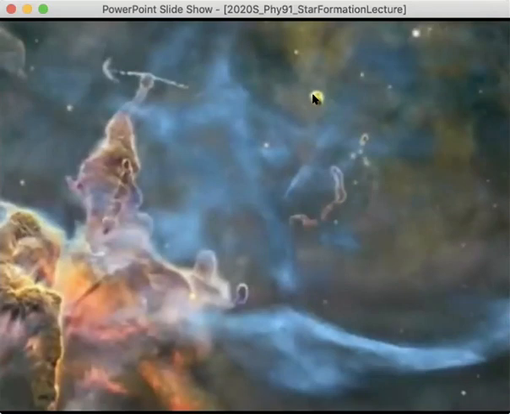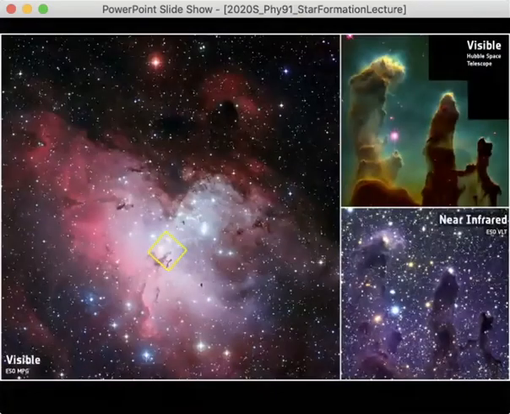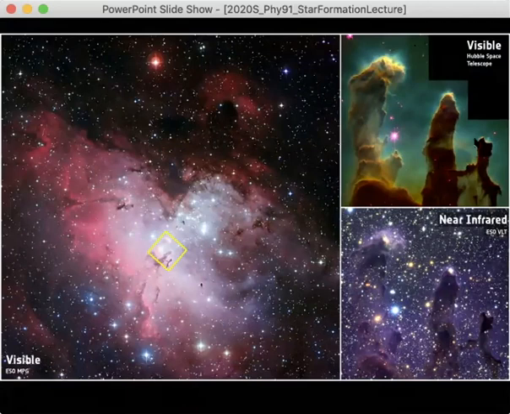Now, I will end with this photo, probably the most famous photo in star formation, the pillars of creation, as they're sometimes called. This is in the Eagle Nebula, where if we were to peer inside these pillars, we would see stars that are forming. You can see that in the image below.